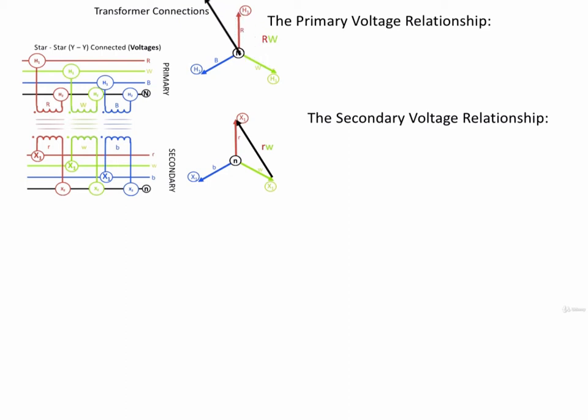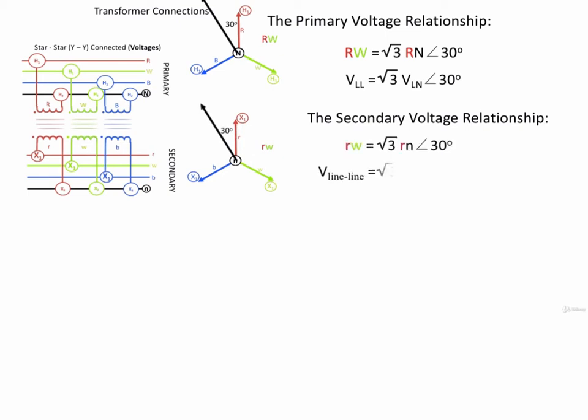The primary phase-to-phase voltage leads the primary phase-to-neutral voltage by 30 degrees, and the magnitude is root 3 bigger. Similarly, the secondary phase-to-phase leads the secondary phase-to-neutral by 30 degrees, and the magnitude is root 3 bigger.